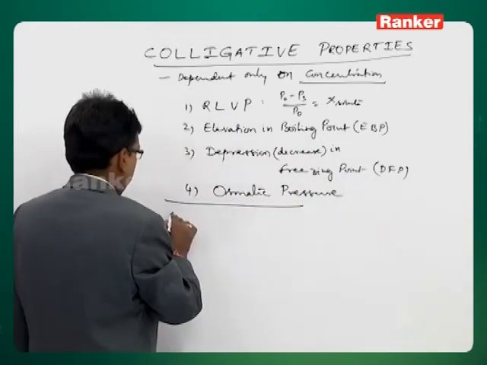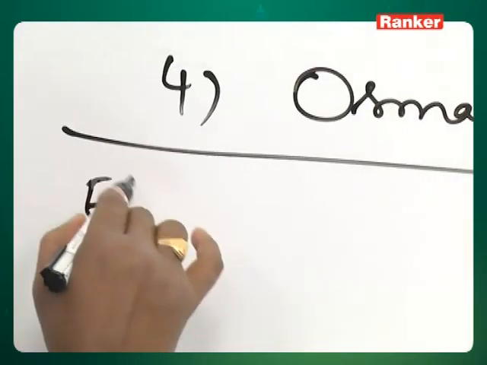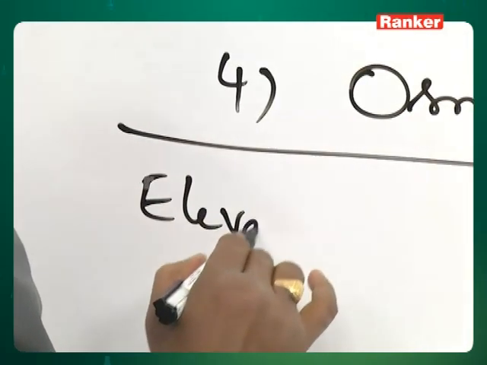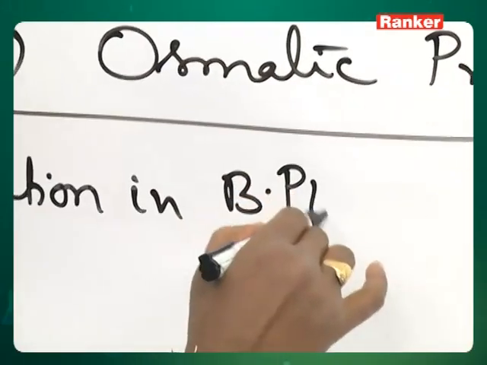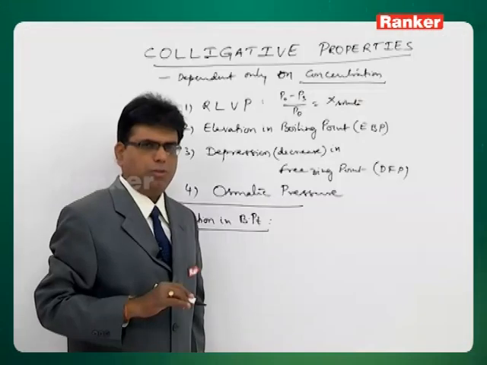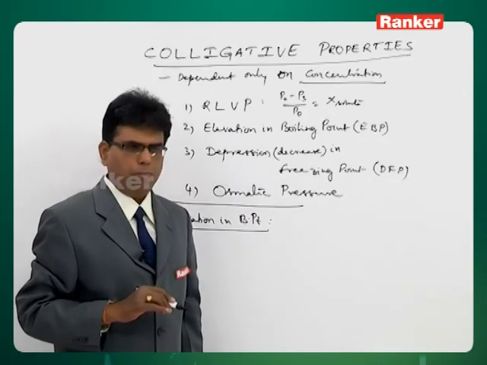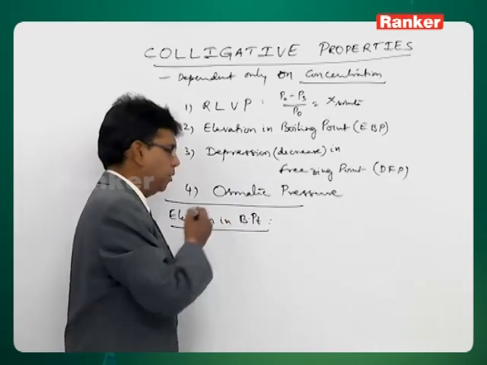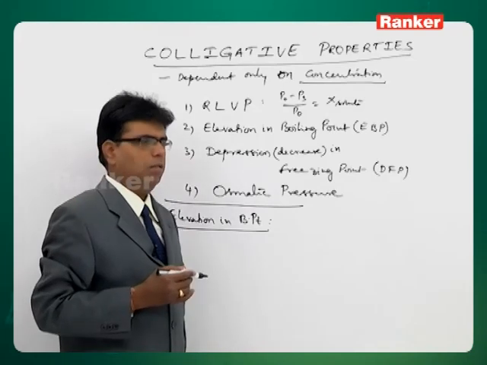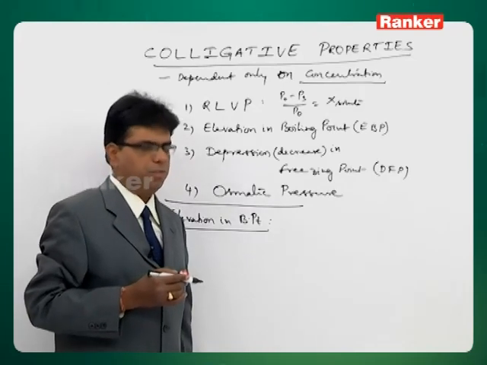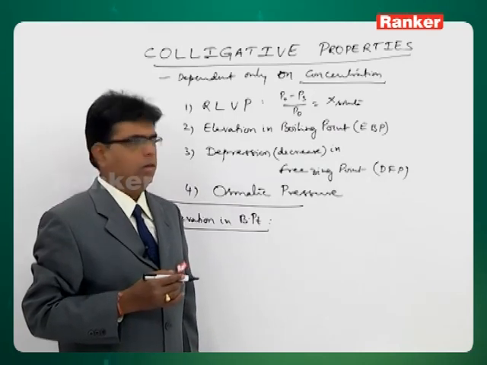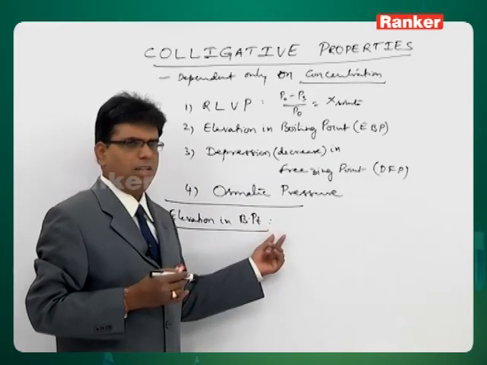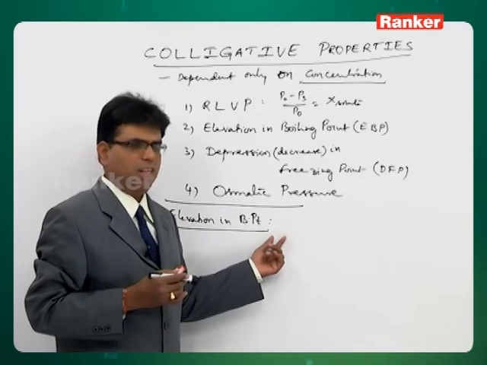What is boiling point first of all? Before going to elevation in boiling point, first I should tell you what boiling point is. You must be knowing that boiling point is nothing but the temperature at which liquid and vapor are in equilibrium, or the temperature exactly at which a liquid starts boiling.